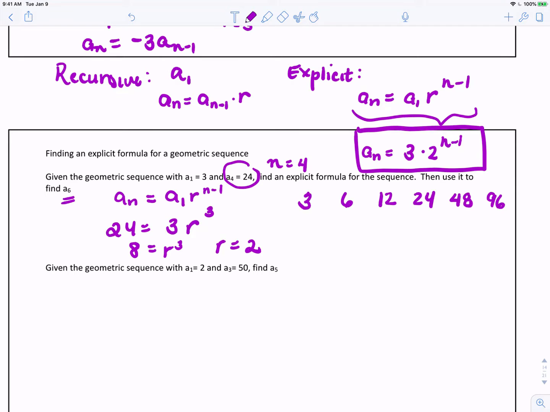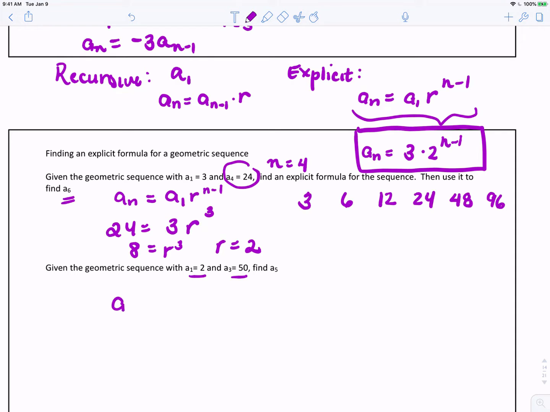Let's try another example. A sub 1 is equal to 2, and a sub 3 is equal to 50. Find a sub 5. I was going to say it's not very interesting because these are so close together, but I think it'll work. All right, so here we go.